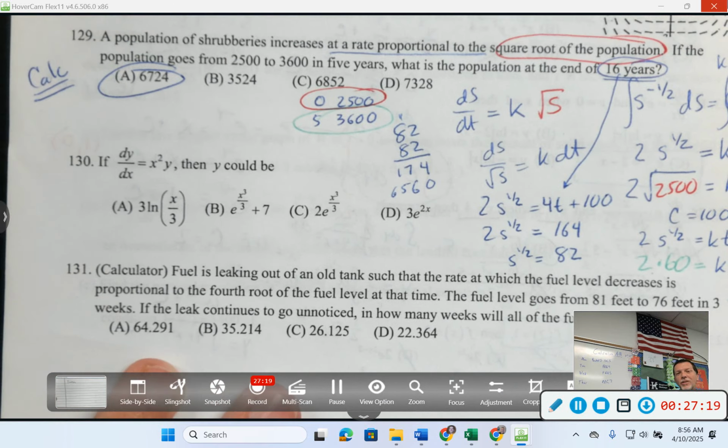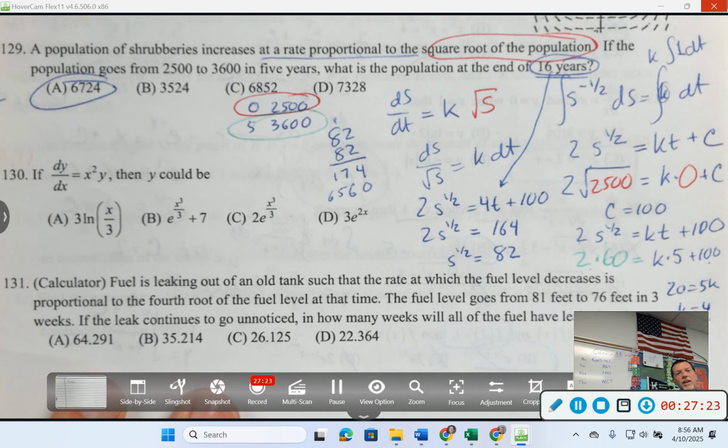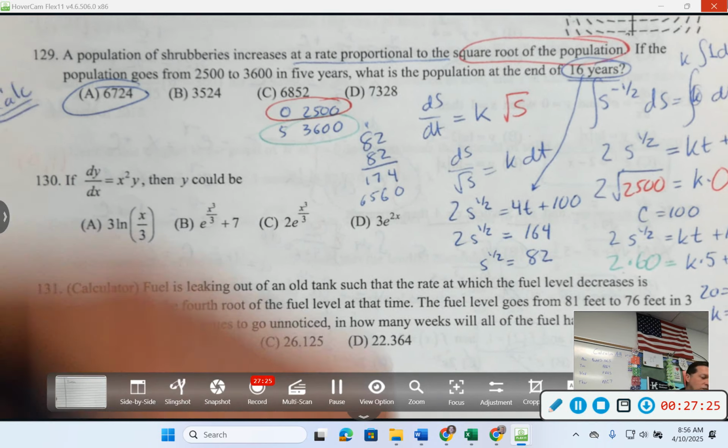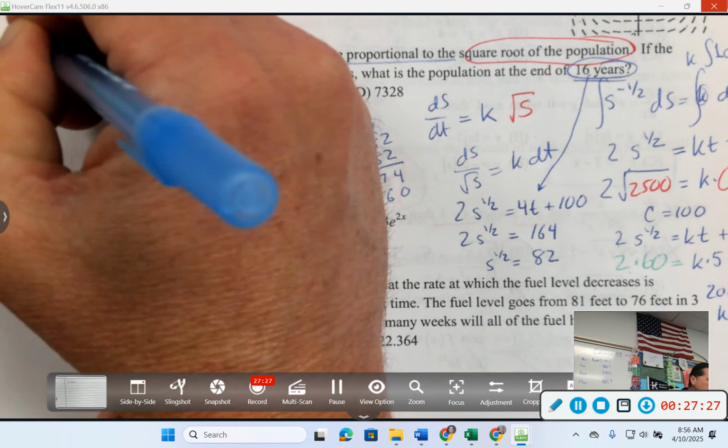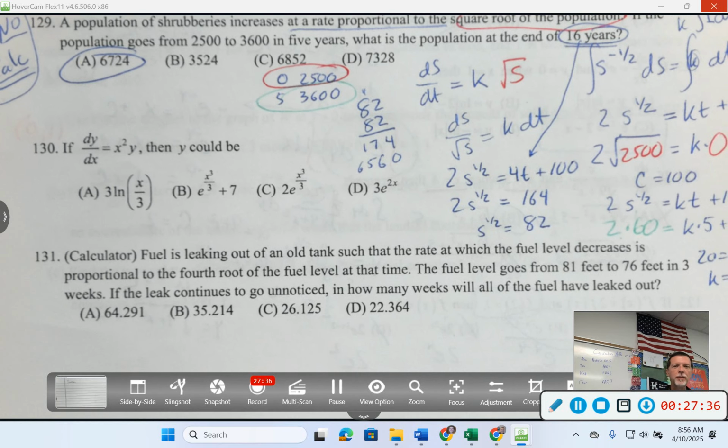Maybe that was a no calculator question. They made the math easy. I guess the good news is if that shows up on the no calculator part of the test, you know they have to have rigged it. They have to have rigged it to give you nice answers. Nice-ish answers, anyway.